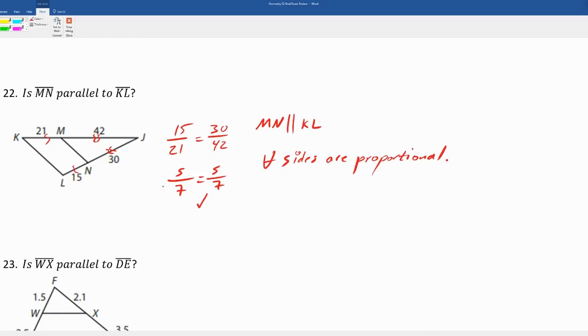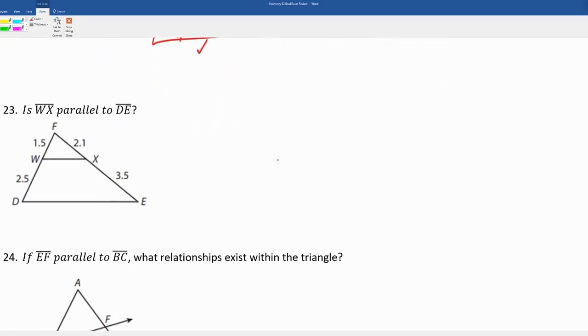If they equal each other like that, you're good. Don't forget you need to reduce. Factor them down until you see it.